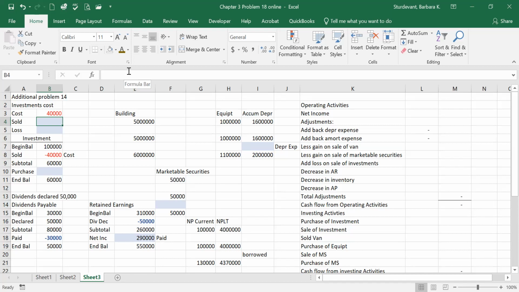6 million in sales or cost of sales. Look for gains and losses. Gains on sales, 300,000. Okay, and it was a gain on sale of the investment.